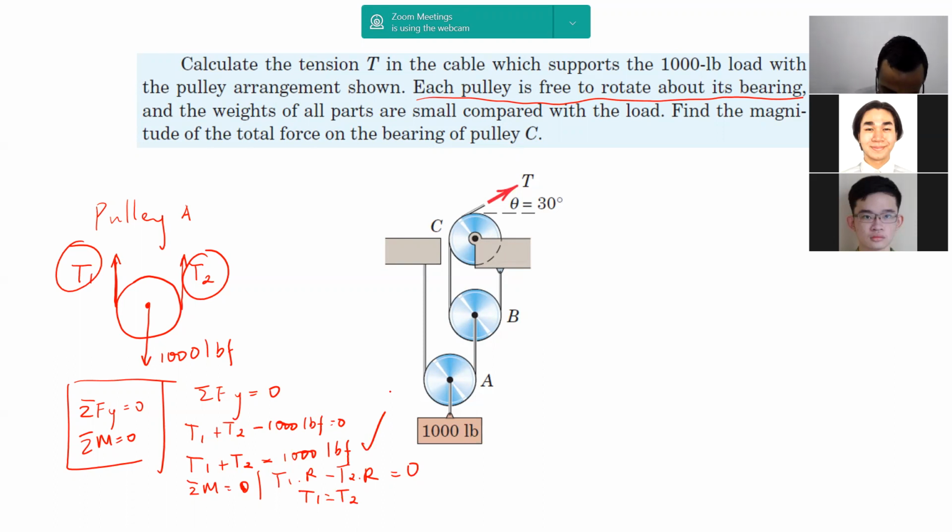And because T1 is equal to T2, T2 will be the same as T1. So from this equation, T1 is equal to 500 lbf. T2 is the same, equal to 500 lbf. Correct, right, Mario? Yes.